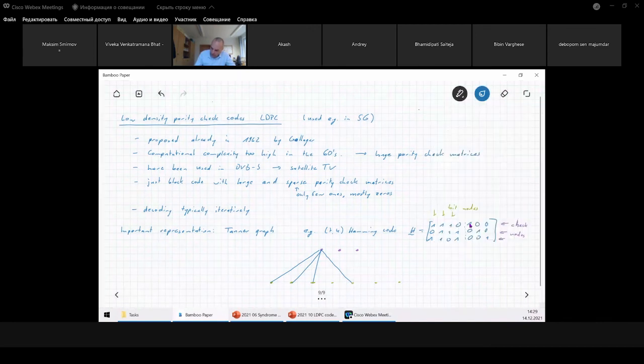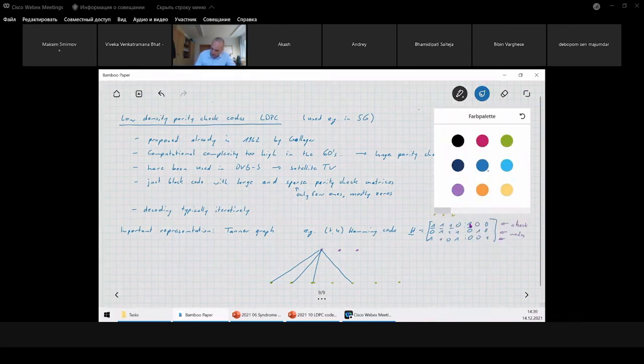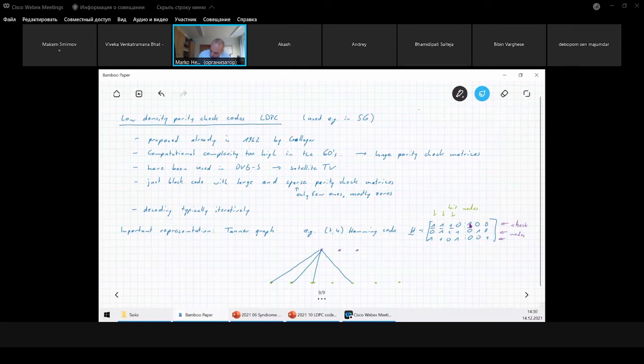This is basically just the first one. Let's also use some color so it will be easier for you to understand. Use the light blue. So we use the second, third, fourth, and the sixth.